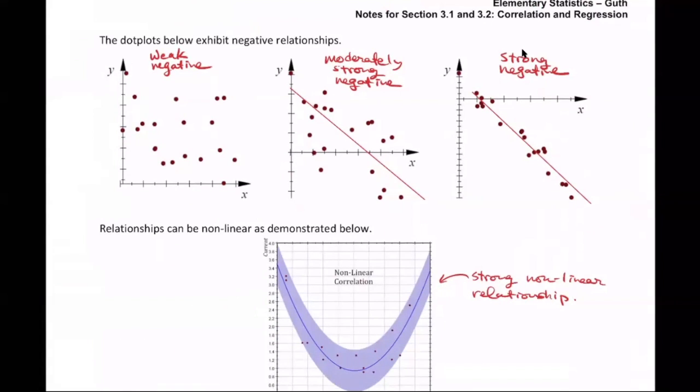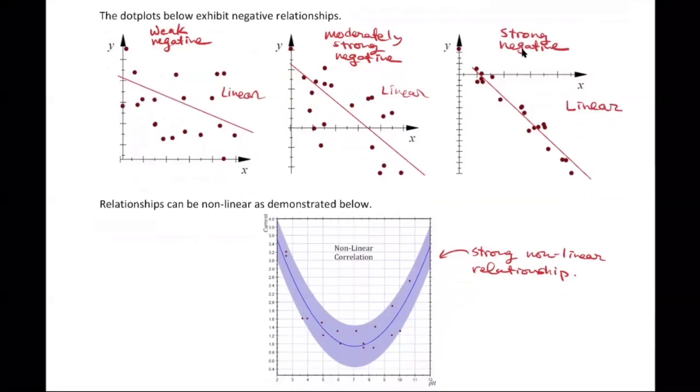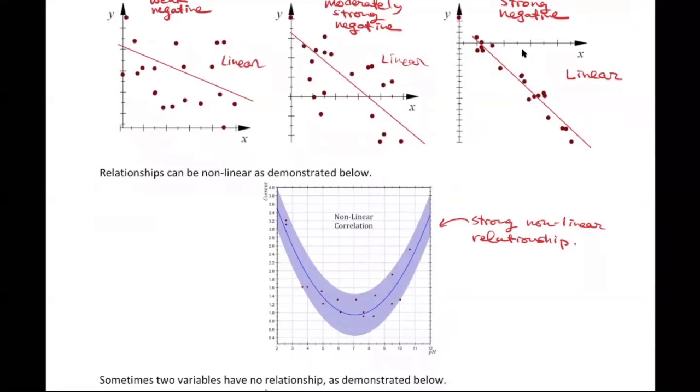And obviously I made these all to be following a line, either weakly or strongly. Okay, any questions? But these are all linear. But of course, the nonlinear one with the battery acids.